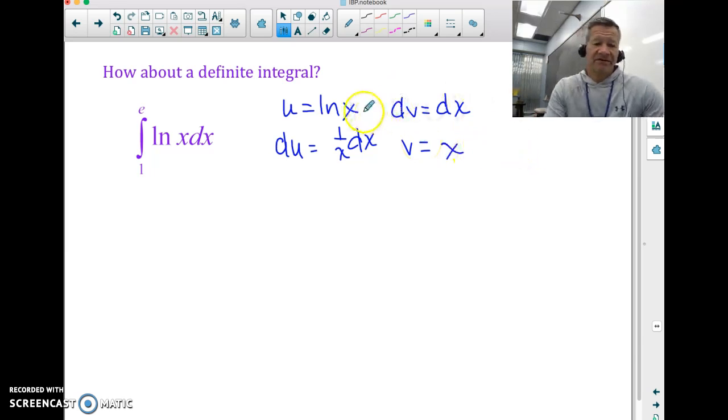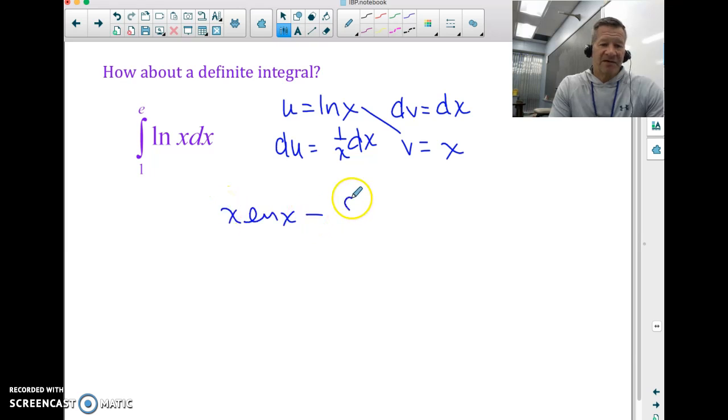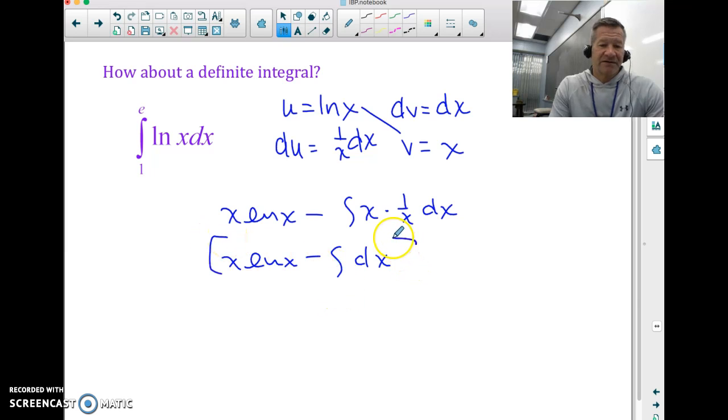Okay, so if I go uv, that would be x log x minus the integral of v times du. The x times 1 over x cancels, so I've got x log x minus the integral of simply dx, and all of this is from 1 to e.